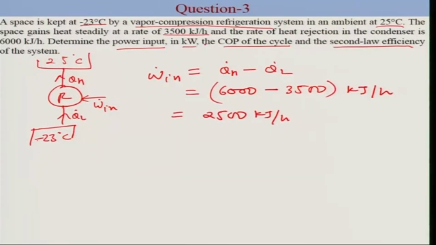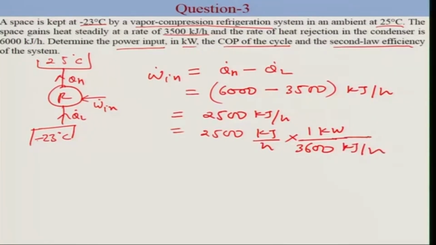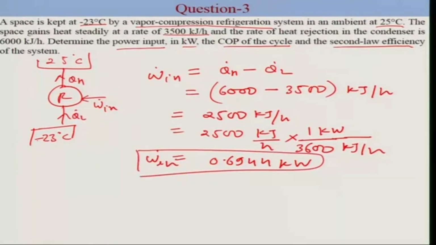So, we have to change it further: 2500 kilojoule per hour, and since 1 kilowatt is equal to 3600 kilojoule per hour, after solving it we get 0.6944 kilowatt. So this much power is going into the cycle.